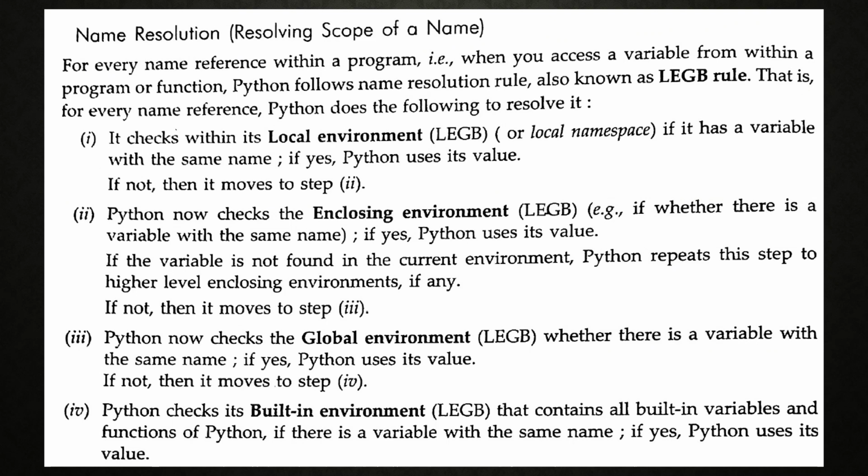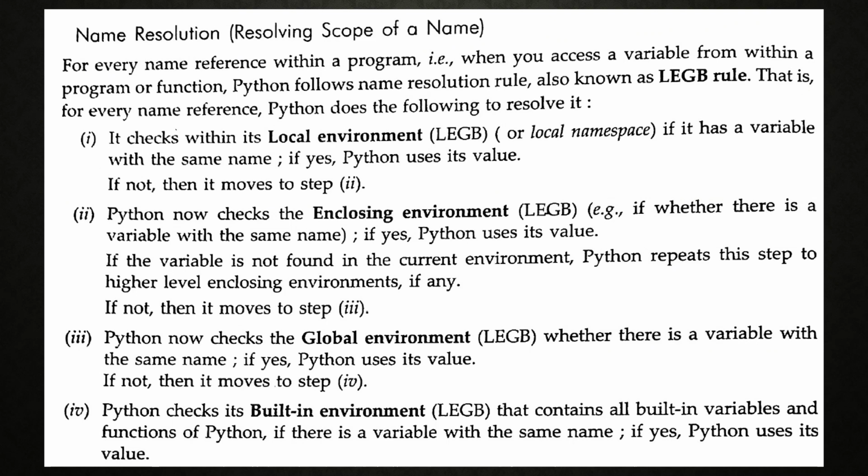So what do you mean by LEGB? For every name reference, Python does the following to resolve it. First, it checks within its local environment, whether there is a variable with the same name in the local environment.